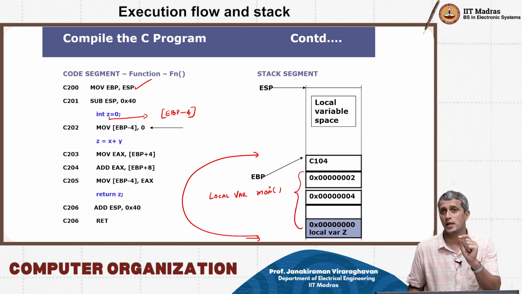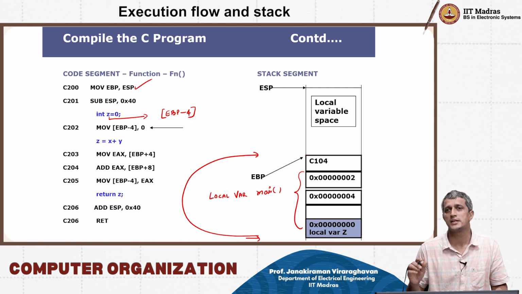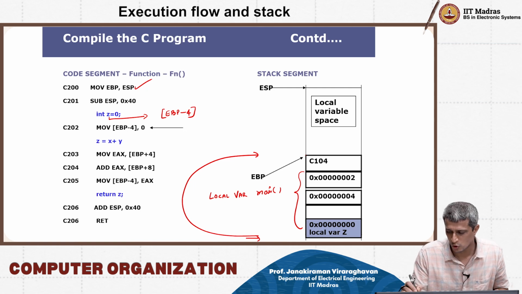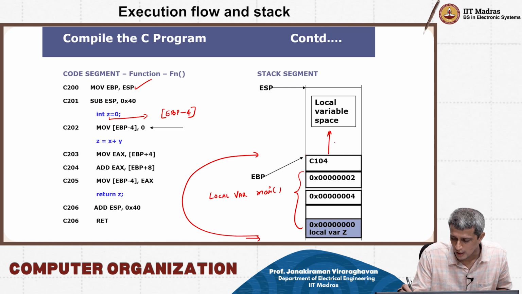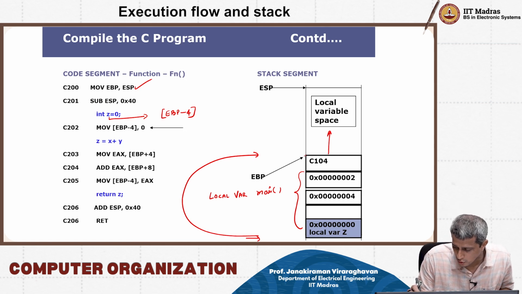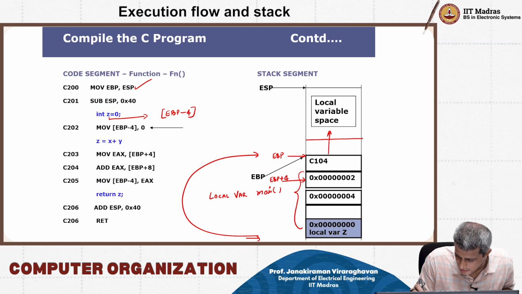Now understand, you can see why local variables have to be stored as EBP minus n. For all this local variable space of the function fn, if EBP is now fixed to this location here, this is EBP plus 4, and this location here is EBP minus 4.